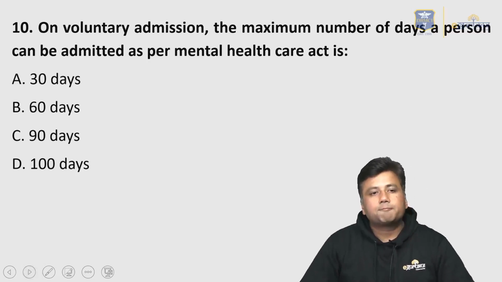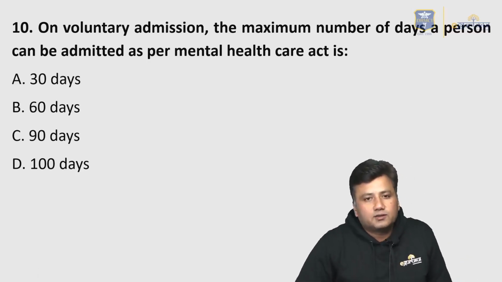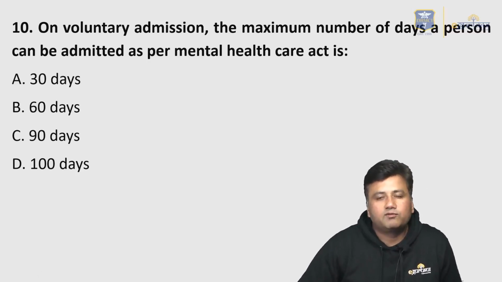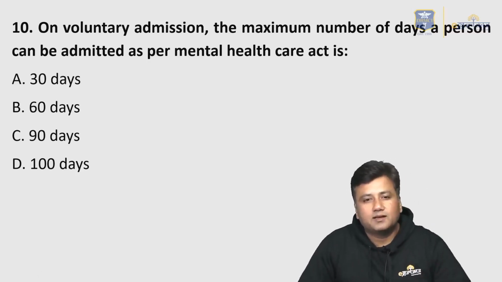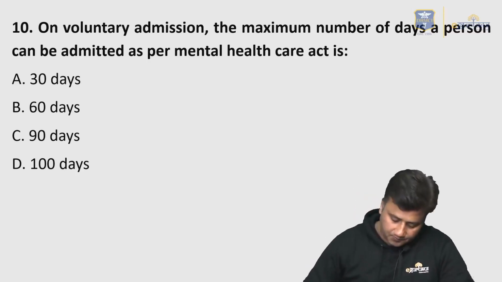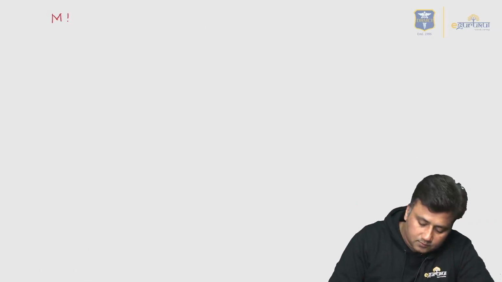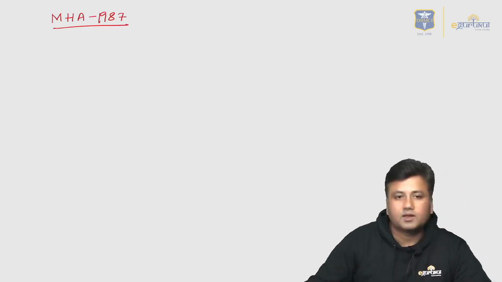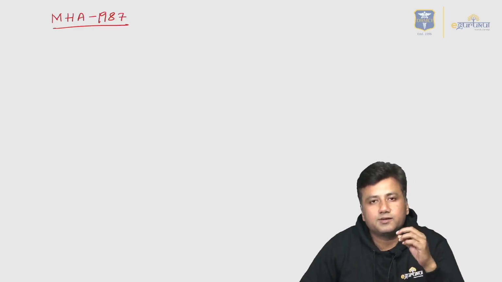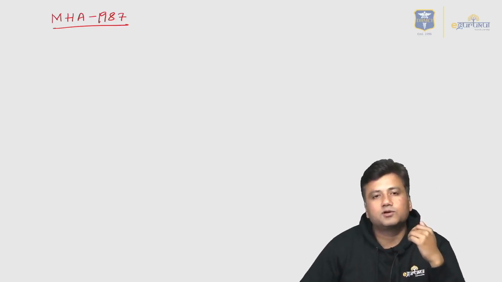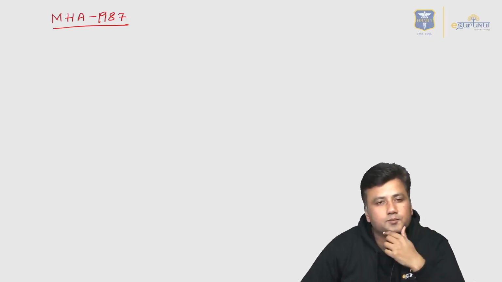Okay, question number 10. On voluntary admission, the maximum number of days a person can be admitted as per the Mental Health Act is? The Mental Health Act came in India in 1987, and this act talks about the civil responsibility of a citizen of India.